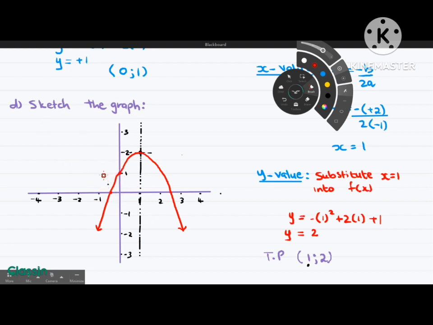So now this is our first x-intercept, this is our second x-intercept. This one is our y-intercept, this is our turning point.